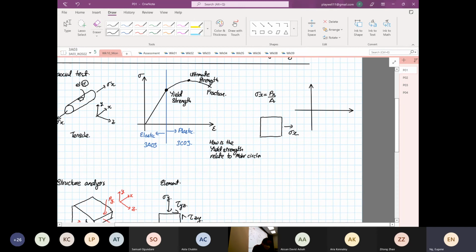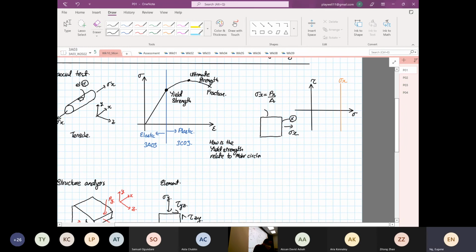So this is our normal stress, shear stress, and over here this line that I'm constructing, this is our stress x. Okay, that's our stress x. So for this case, I will label this point x.